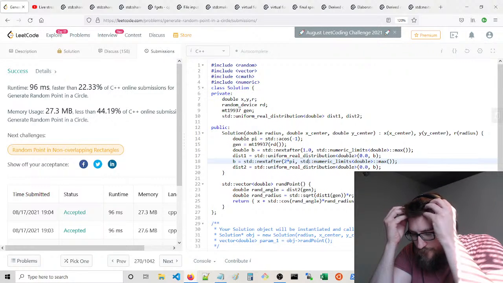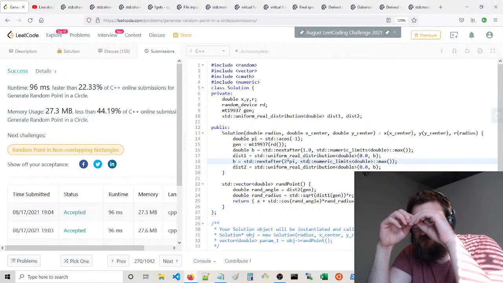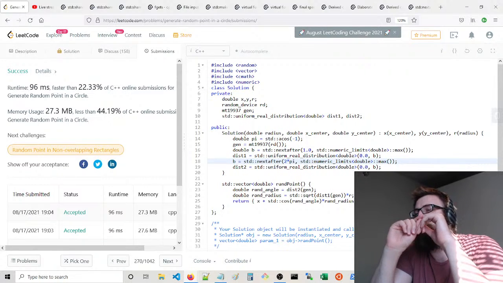And so the probability that a point will be less than a particular radius increases quadratically, which is to say the inverse of that would be you have to take the square root.